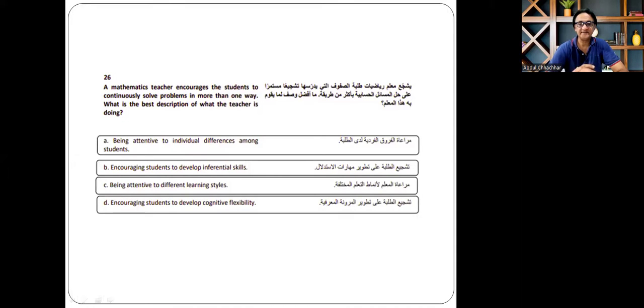This is the first question: mathematics teachers encourage the students to continuously solve problems in more than one way. Continuously is not a keyword, but that's a key sentence. You can say: continuously solve problems in more than one way.